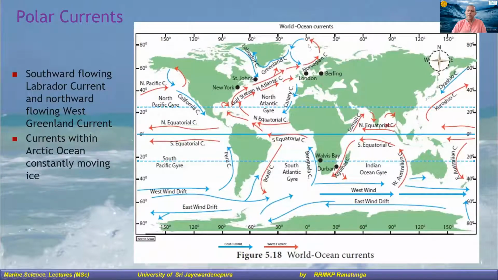Those gyres also circulate warm water as well as cold water. But of course, these temperatures will be extremely low because they are in the polar region. Right. So that's, in basic terms, how the ocean surface currents work.